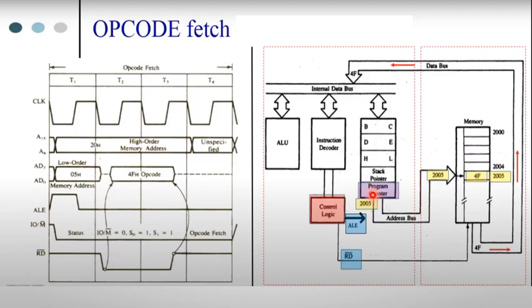Once the program counter points to the next instruction to be fetched by the microprocessor, the control unit in the microprocessor will generate the ALE signal.